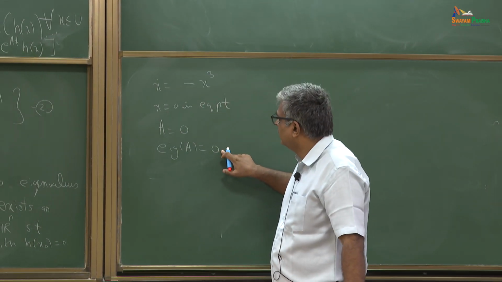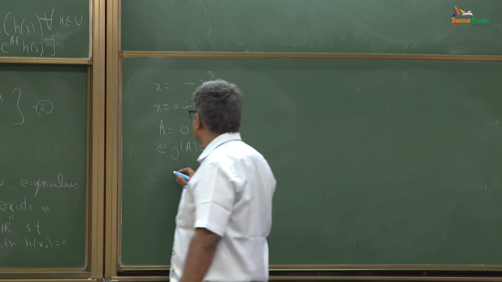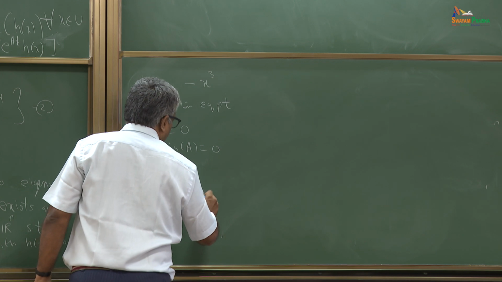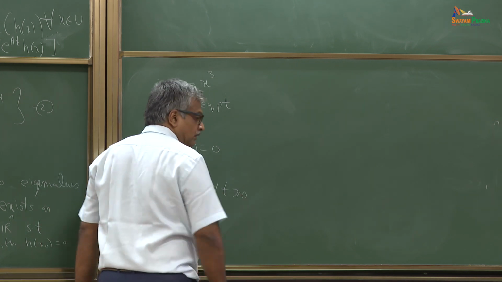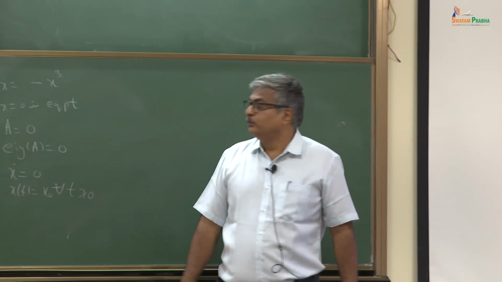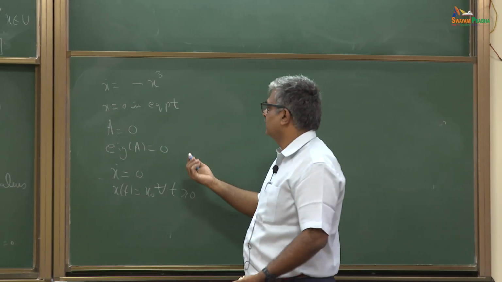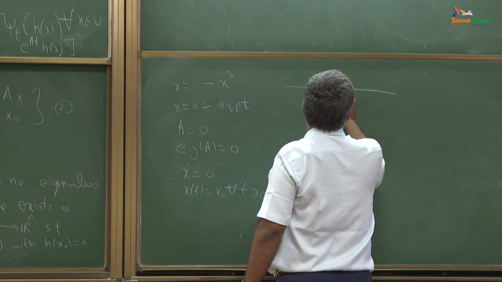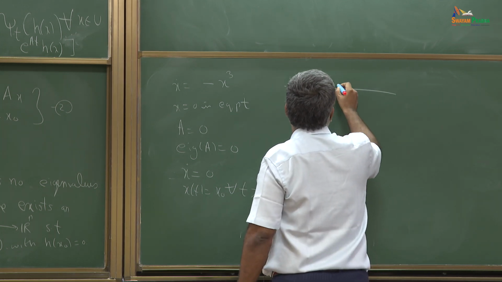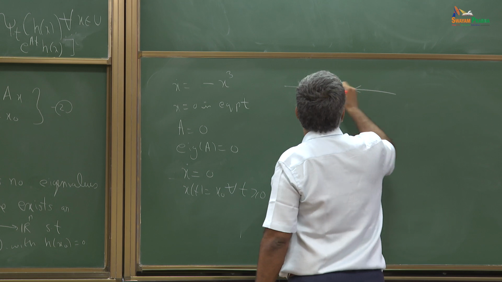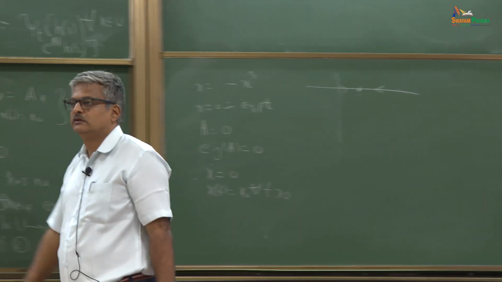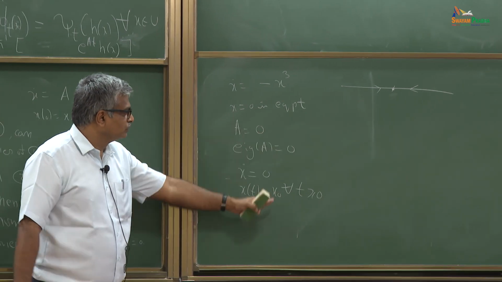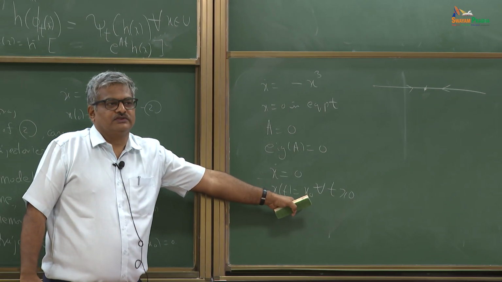Now, as I said, for the linearized system, x naught is equal to 0, which means x of t is equal to x naught for all t greater than or equal to 0. This is the inference you will make if you believe in the linearization. But we know that for the nonlinear system, this is the equilibrium point, and all trajectories will converge to it, which contradicts that the only solution to this linear system is the initial condition.